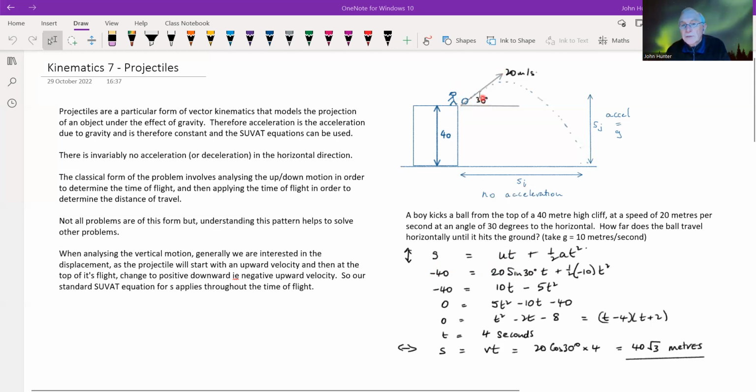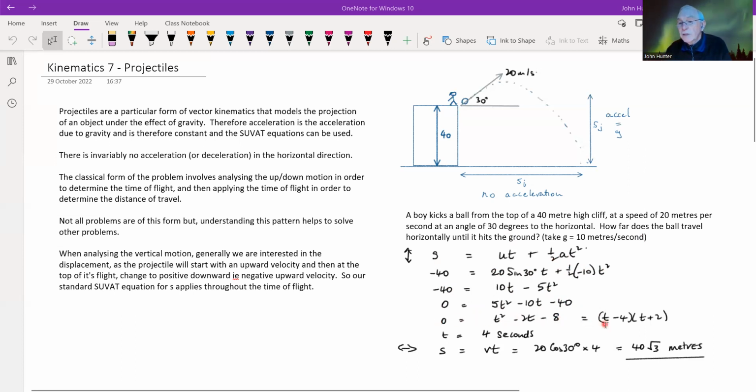Times t, plus a half times a. Again, our positive direction is upwards, so acceleration due to gravity is downward, so that would be minus 10 t squared. If we evaluate that and rearrange, we get t squared minus 2t minus 8 equals 0.